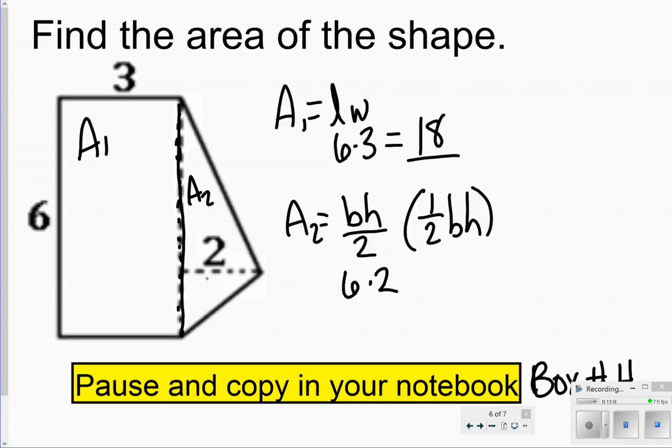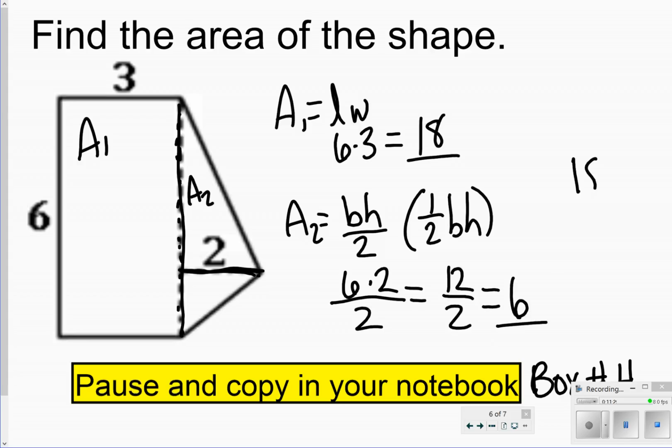And just a reminder that height on a triangle is always from the base to the tallest point of the triangle. So they did a great job of showing us what it is. The height of this triangle is from the base to the tallest point, and they said that's 2, and we're going to divide by 2, so we get 12 divided by 2, which is another measurement of 6.